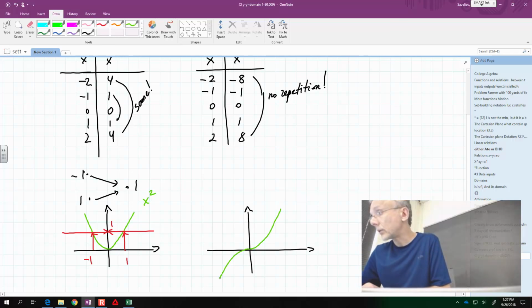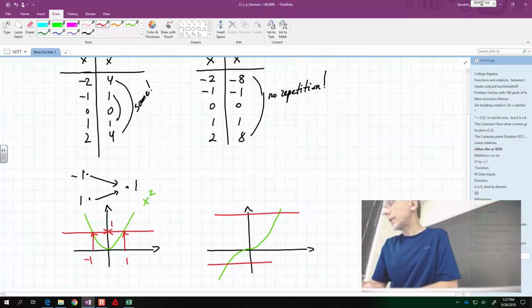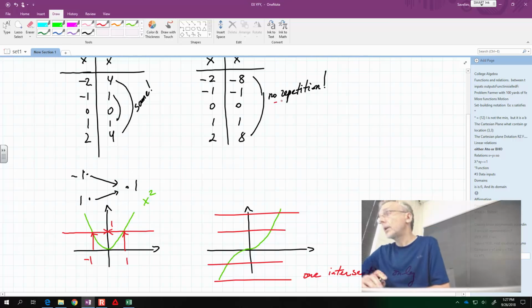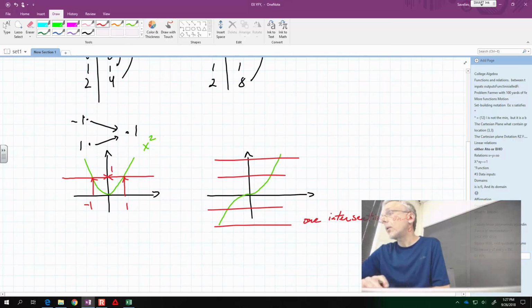This is what it looks like. So once again, no horizontal lines have two intersections. One intersection only, because there are no repetitions. Okay. Once you plot a few points, as I did, you start recognizing patterns.